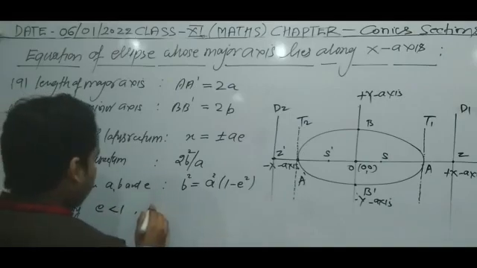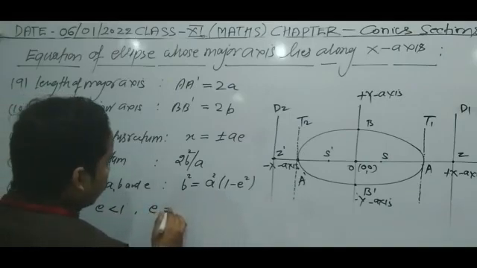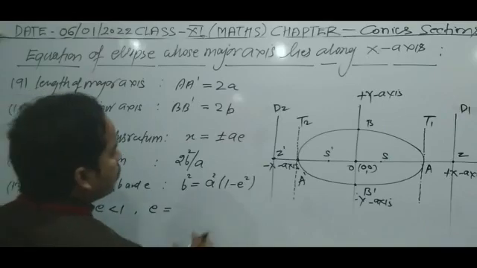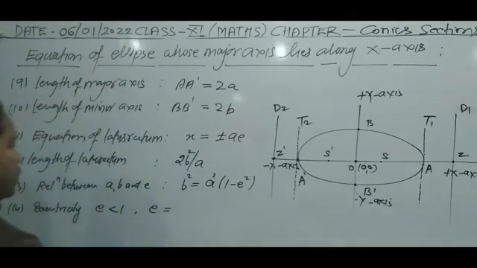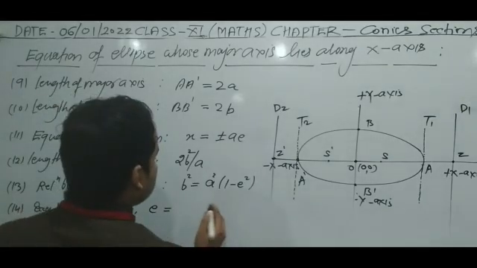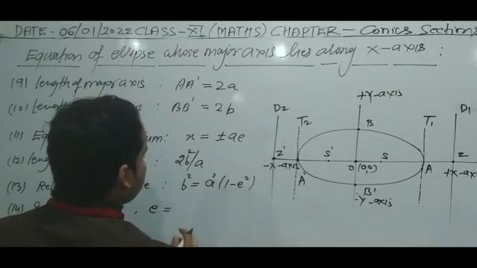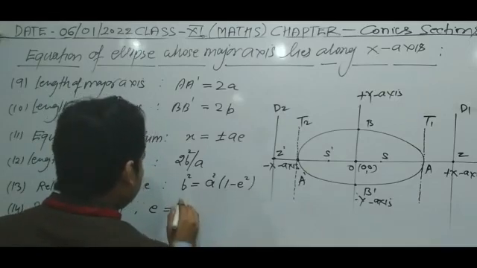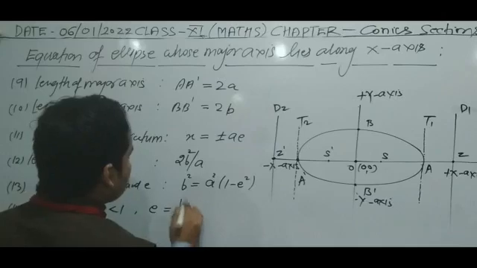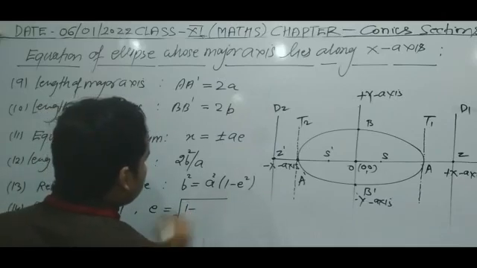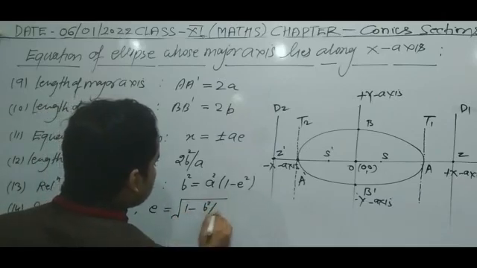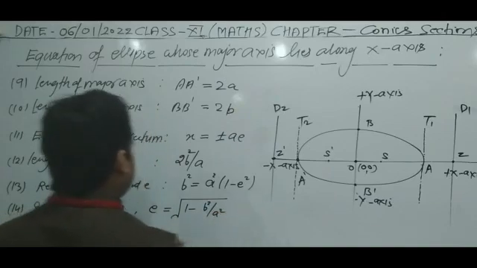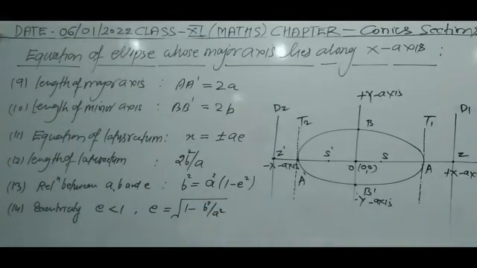Its result we can calculate by using this formula: e is equal to the square root of (a square minus b square) upon a square, so the square root of 1 minus b square by a square. Now this is the relation. Now you can see.